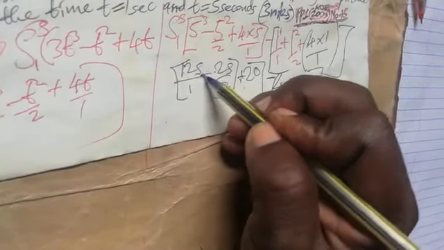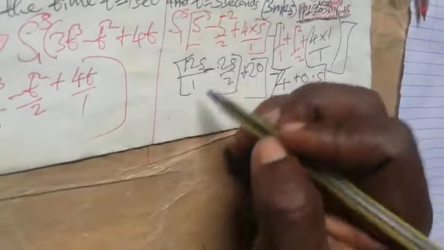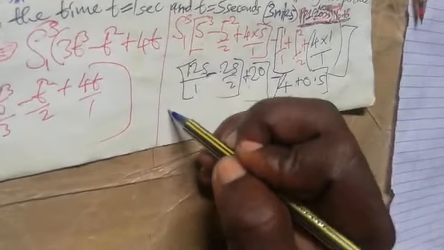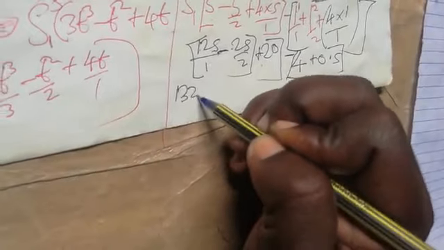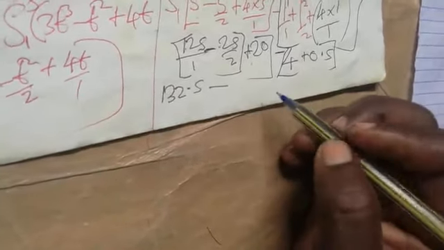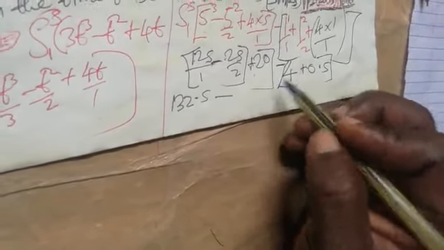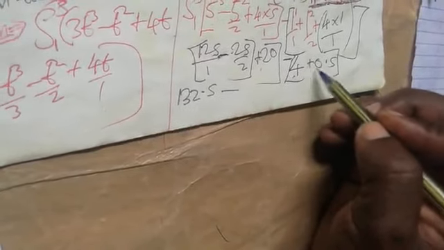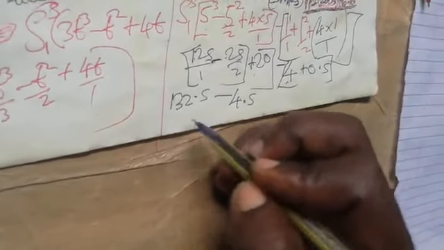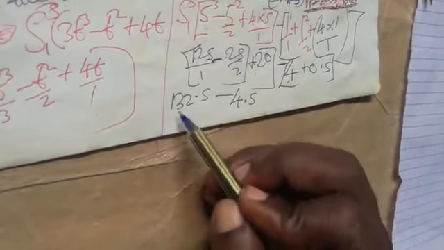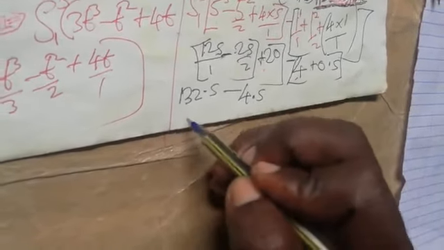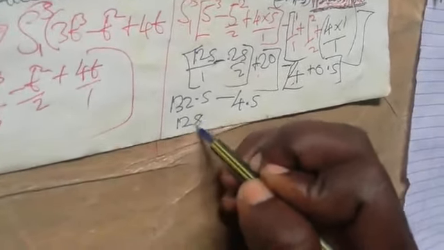If you minus 125 minus 25 over 2, we get 132.5, minus 4.5, which will give us 128.